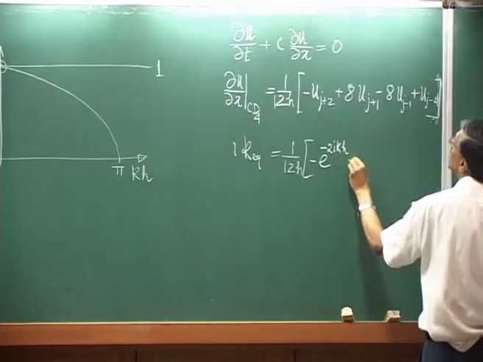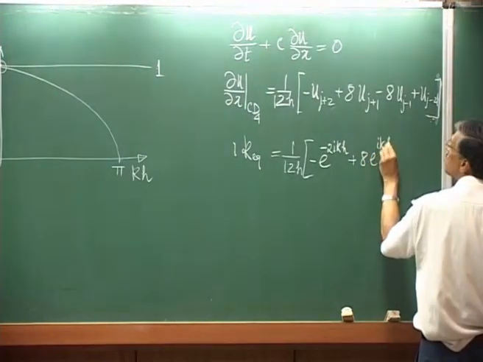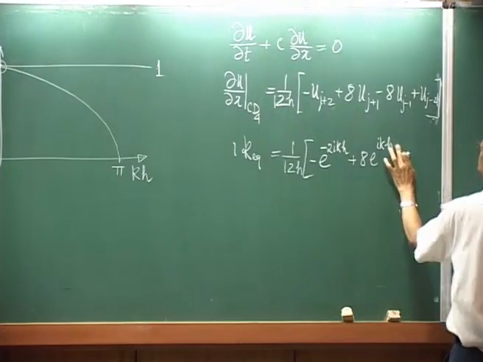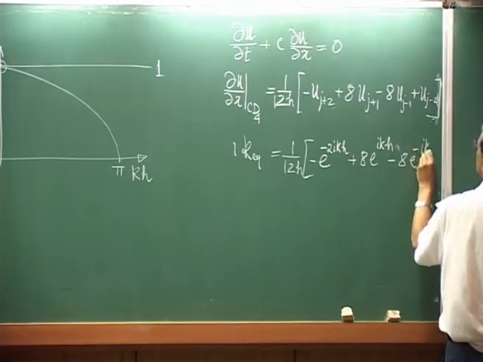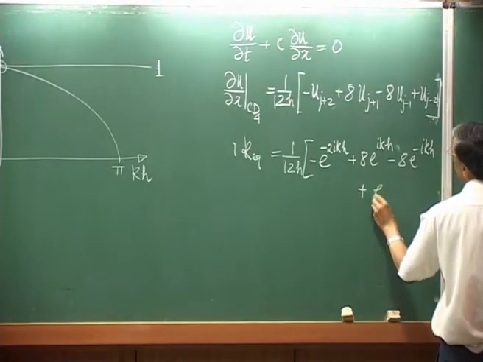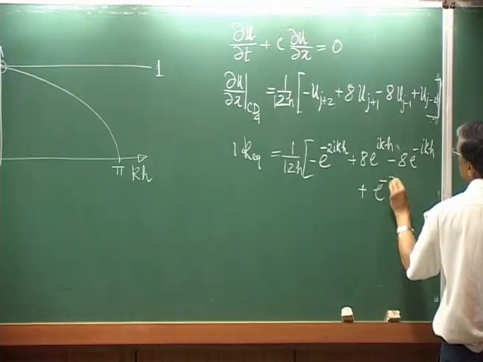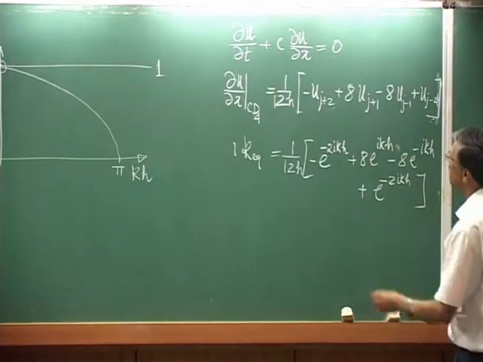From here I will get 8 e to the power ikh, and from here we will have e to the power minus ikh, and the last one will contribute e to the power minus 2ikh. So, you can see things do happen pairwise.